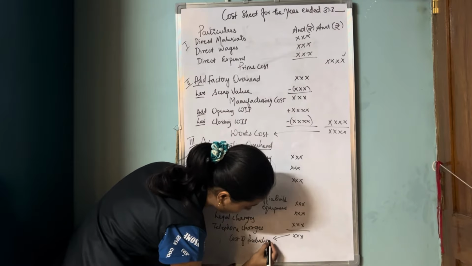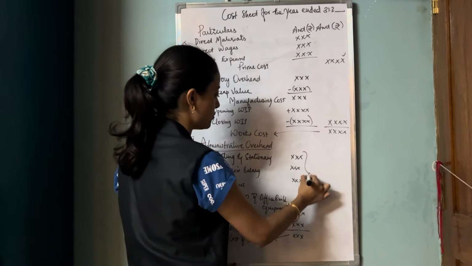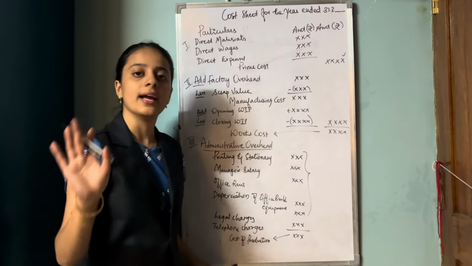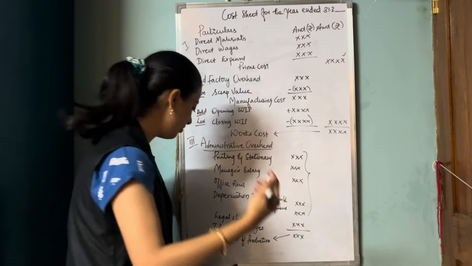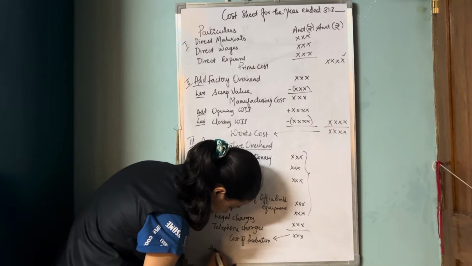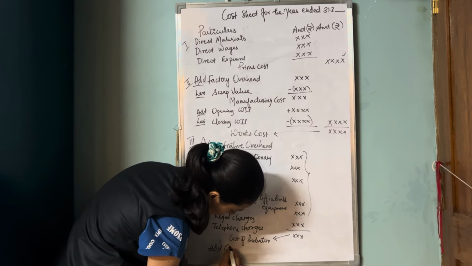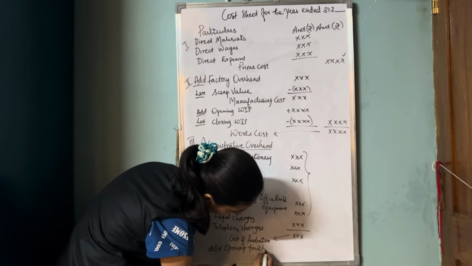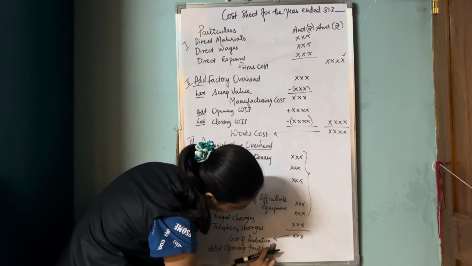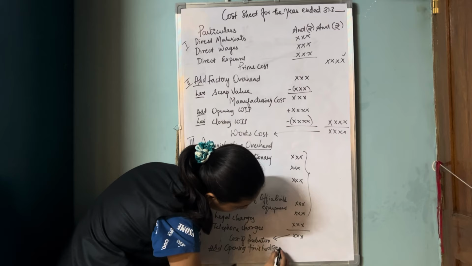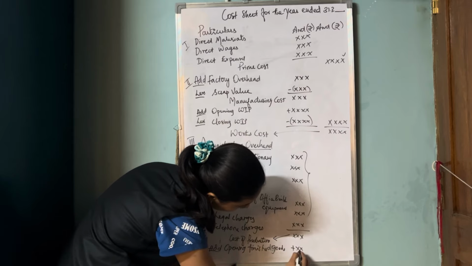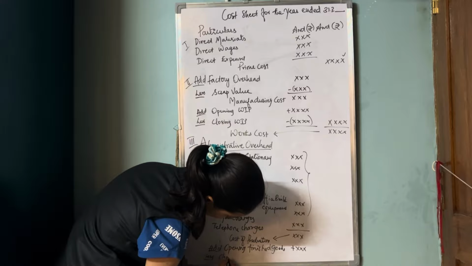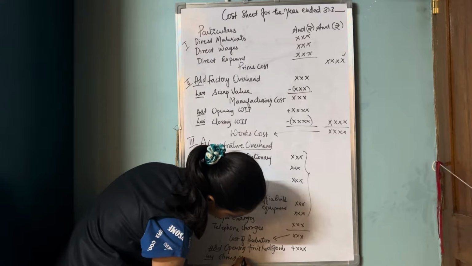Fine, do the totals of it and it will result in cost of production. What all are that? All administrative overhead, what all expenses you took, no? Do the total of it. It will come under cost of production. To this, we have to add opening stock of finished goods, plus, and less closing stock of finished goods.